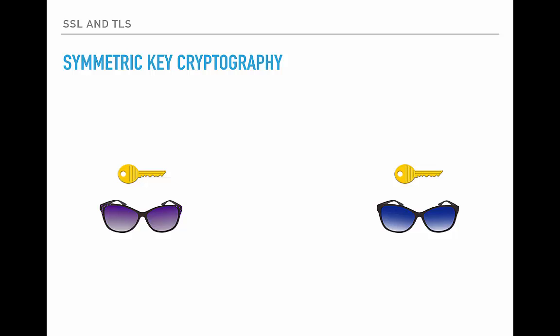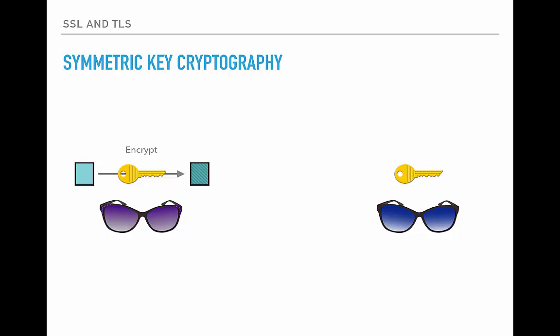So Violet has a message, and she encrypts it using her secret key, a key that is shared by Mr. Blue. Note that the terms secret key and symmetric key are used interchangeably because for symmetric key cryptography to work, the key has to be kept secret by both parties.